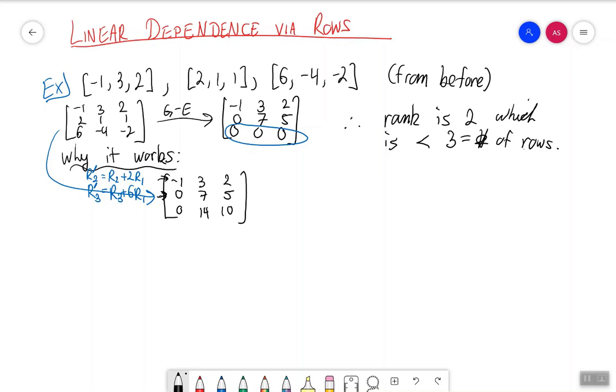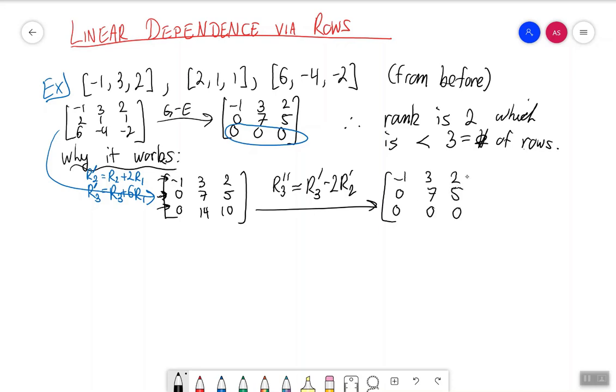The second row is row 2 prime, and this one is row 3 prime. And now I can do row 3 double prime equals row 3 prime minus 2 row 2 prime. And when I do that, I get the matrix -1, 3, 2, 0, 7, 5, 0, 0, 0.